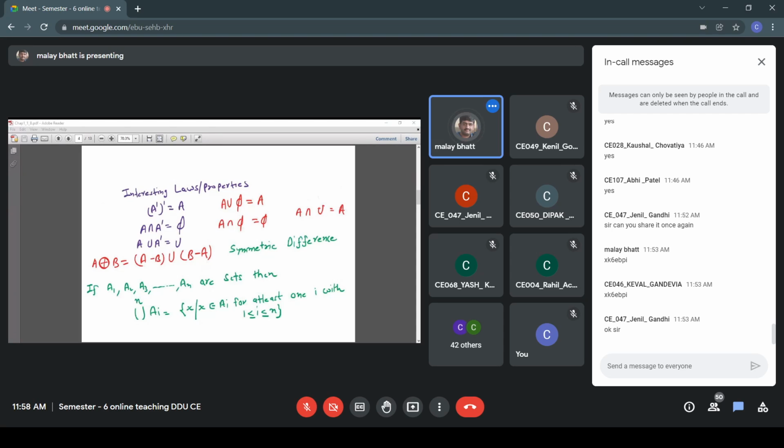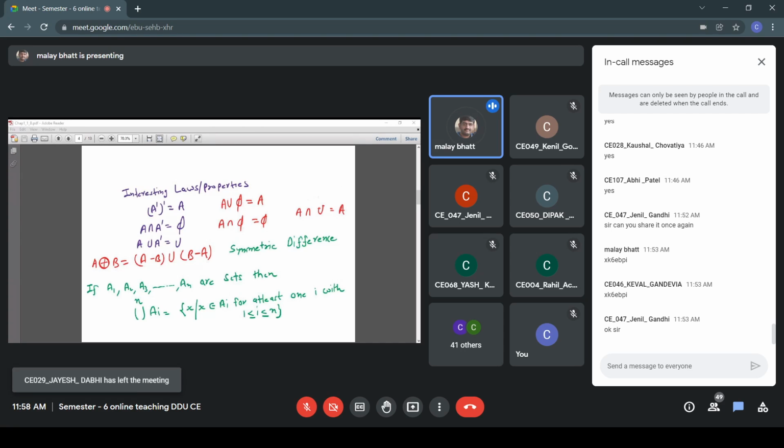That element X must belong to any one set. It can be a part of either A1 or A2 or An. So X belongs to A_i for at least one i with 1 ≤ i ≤ n. We represent it as capital U, i equal to 1 to n, A of i, the union of all the sets.